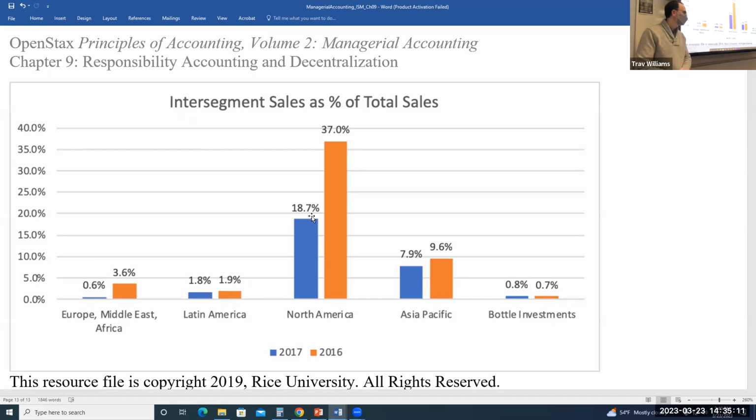So that would be dependent on which segment you are, right? If you were in Latin America, obviously your segment's not that much, but if you're in North America, it's a huge portion. That's true. It does depend on where you are, because some regions are not experiencing as much of a change. But overall, if we look at the total impact globally, it looks like the company's moving away from these intersegment sales for whatever reason.